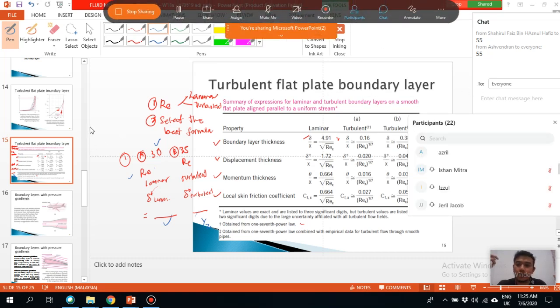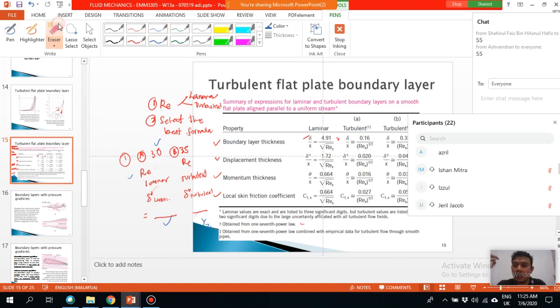So I want you to find the answer for your own understanding. You can discuss with your friends what is the correct one. You can find in the books when to use D as diameter, when to use D as length.